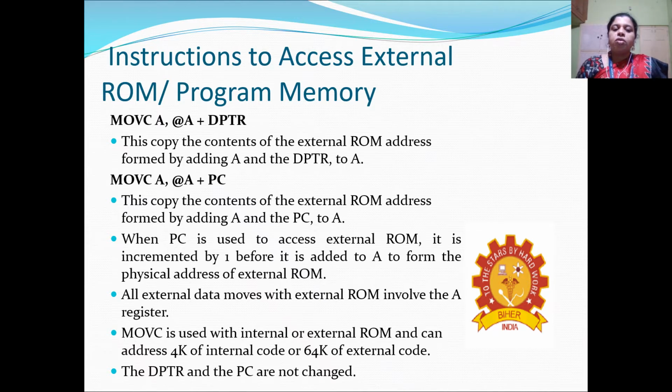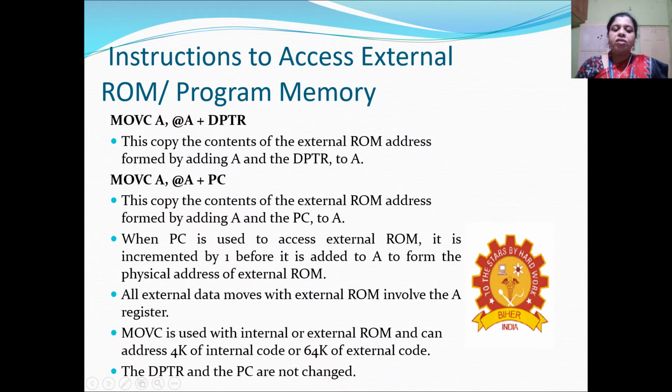The first one is MOVC A, @A+DPTR. Initially the physical address is generated: the content of A is added with the DPTR, and then from that location the data is moved to the accumulator. That is the meaning of this.